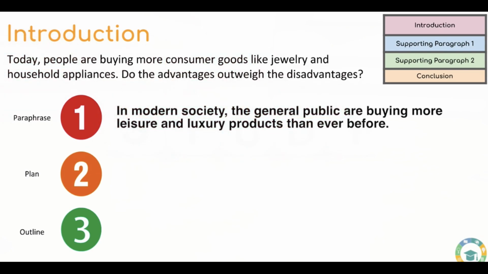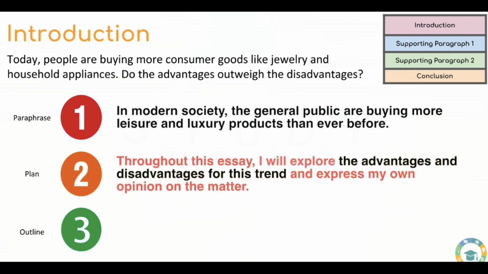Let's see the second sentence, which is plan. Throughout this essay, I will explore the advantages and disadvantages for this trend and express my own opinion on the matter. Now, a key phrase here that you haven't seen before is that last part, and express my own opinion on the matter.